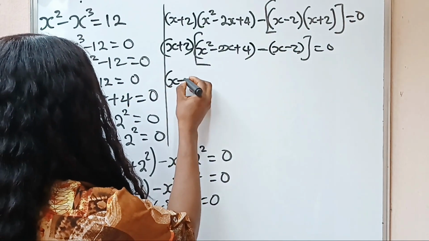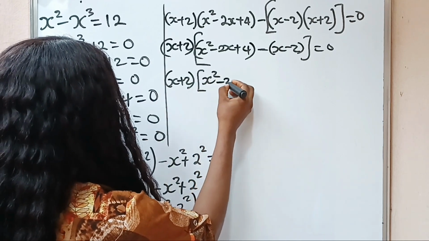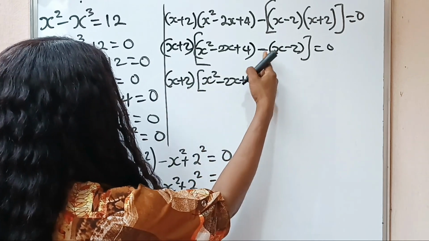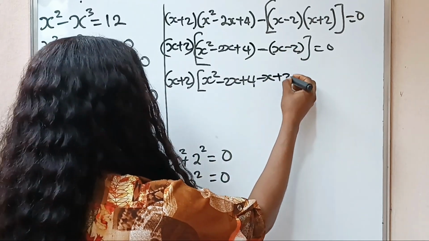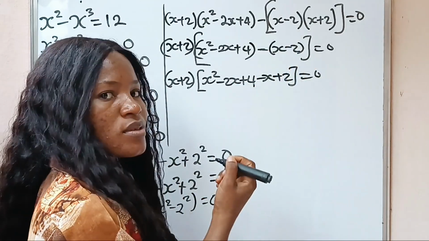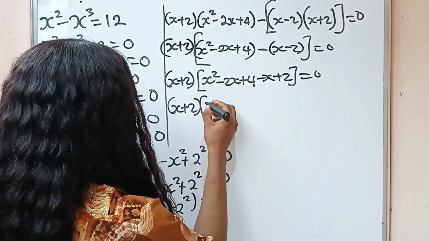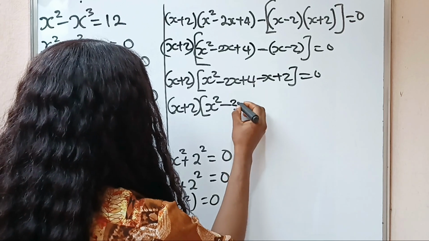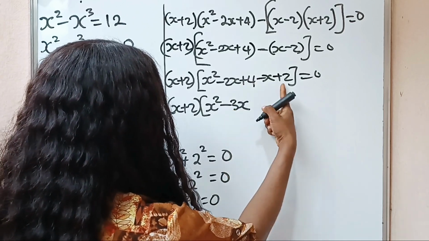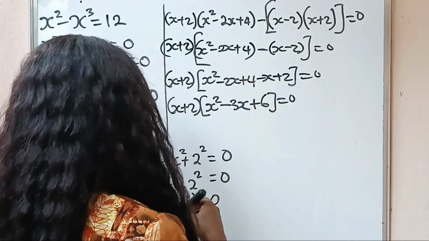So we have (x + 2) times (x² − 2x + 4 − x + 2) = 0. Minus times x gives minus x, and minus times minus 2 gives plus 2. So we have (x + 2)(x² − 3x + 6) = 0, because −2x − x gives −3x, and 4 + 2 gives +6.